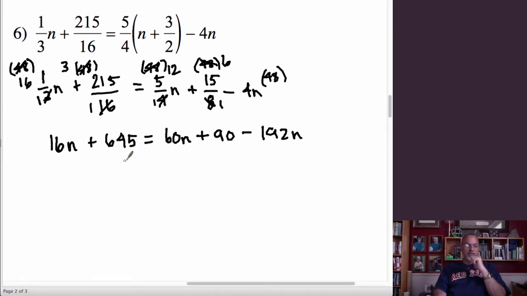We want to simplify each side of the equation first by adding like terms. We don't have any like terms over here on the left, but on the right we do. We have the 60, and then negative 192 is going to be negative 132n. Okay?